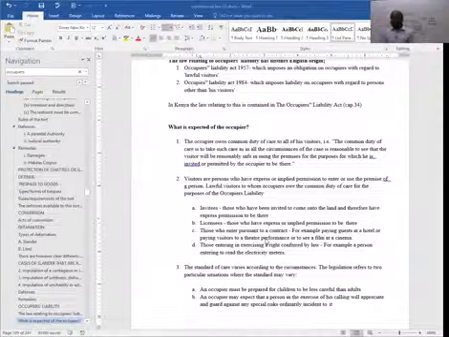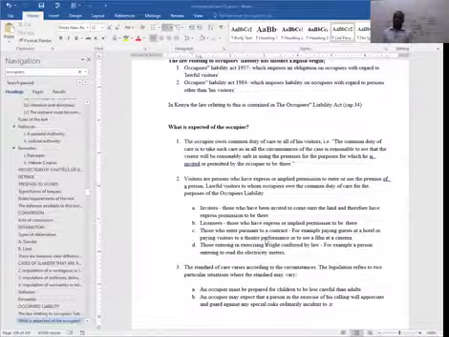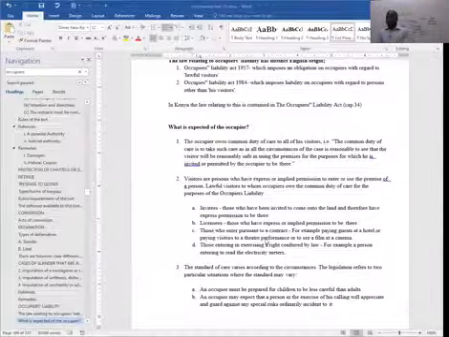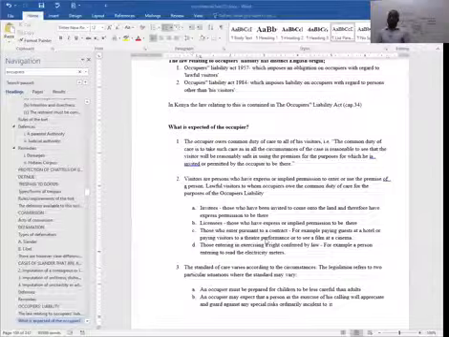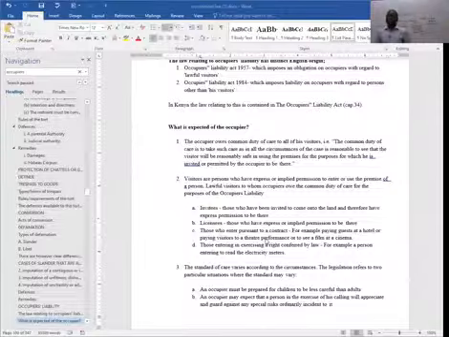So an occupier must be prepared for children to be less careful than adults. In a situation where you have children, you expect them to be less careful while they are using the premises. So you must take the highest precautionary measures, especially if those visiting the premises are children, because they need more guidance to ensure their safety.